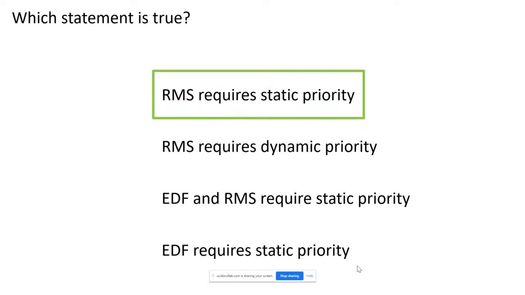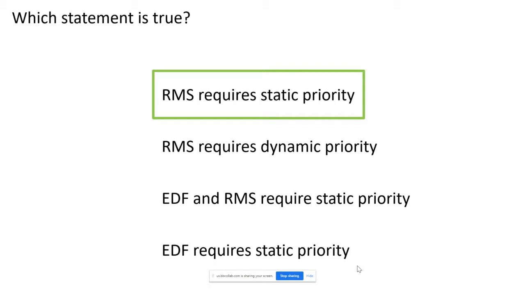EDF has a dynamic priority, and I can't say that I've ever built a real-time scheduler with dynamic priority. I've built real-time schedulers before, but I used RMS.